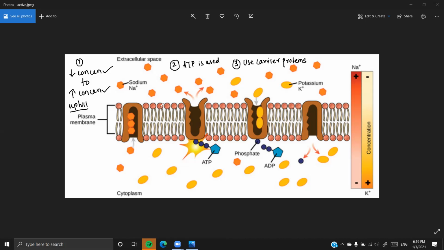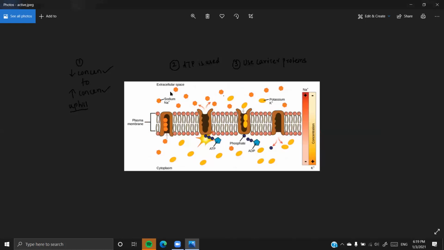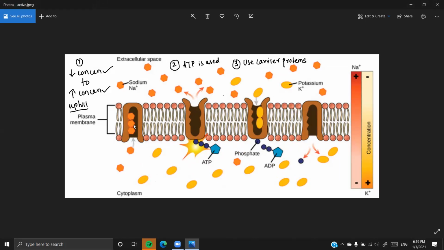So let us take one particular case here, the sodium potassium pump that I told you about. Here you can see these are the molecules which are complementary, right? The complementary molecules are going to get fixed into this particular carrier protein, okay?